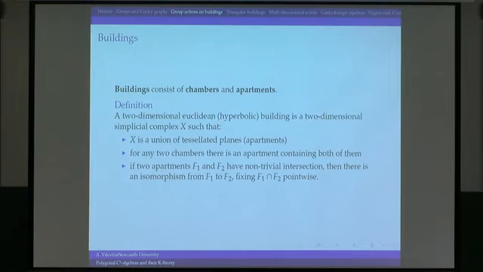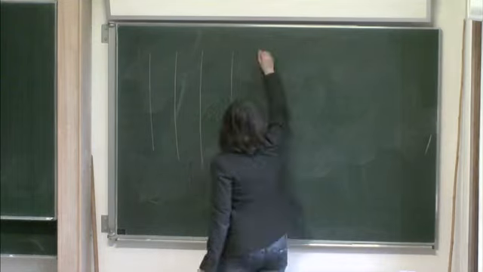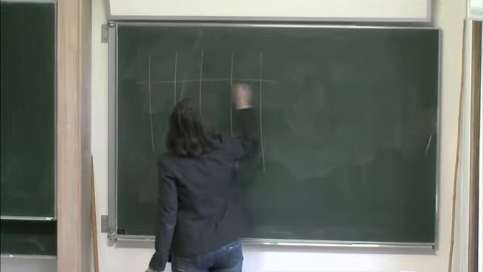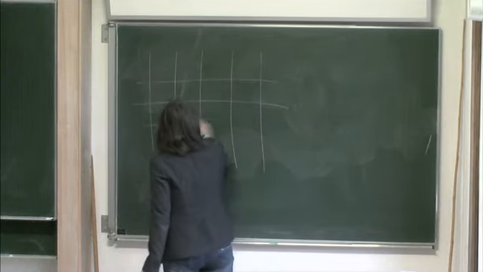And again, if you haven't seen buildings before, this third property just means that all apartments in the building are the same tessellations. Okay, maybe one should draw what the tessellation is. Actually, what is a good example of an apartment of a building?